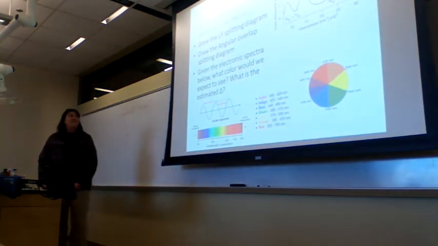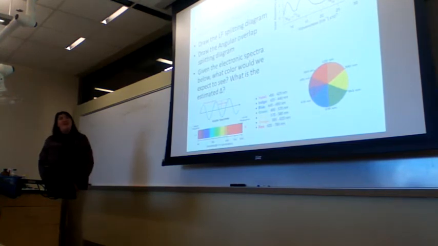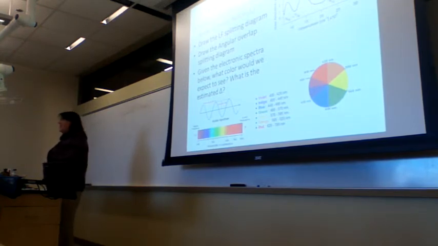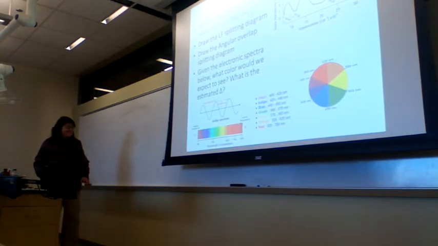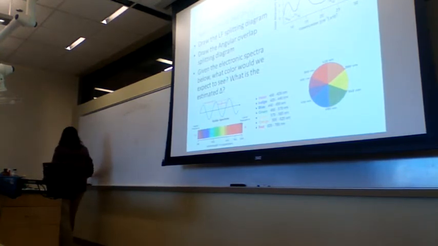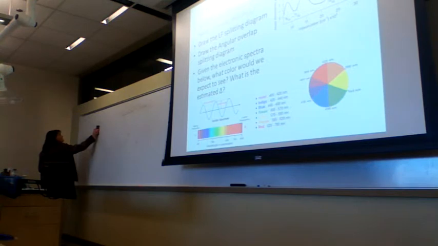So these are all small ligands, and we've got our small nickel. So draw the LF splitting diagram. Ligand field splitting diagram. How did the d orbitals split? 2 in one place and 3 in another. Maybe. Octahedral should be 3 and then 2.